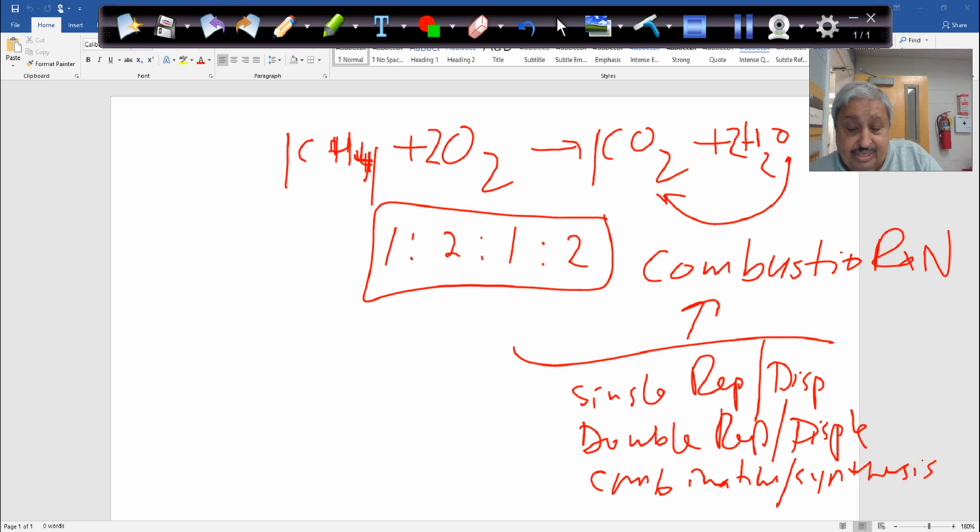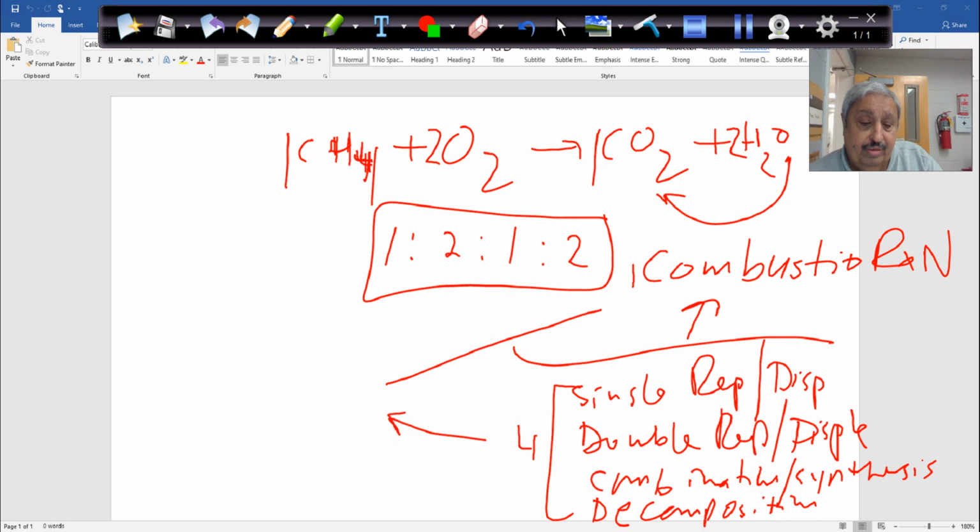And the last one is, if you can combine, you can decompose, correct? Decomposition. So here is 4 and here is 1. Total 5 types. So you'll be able to distinguish between the 5 ones.